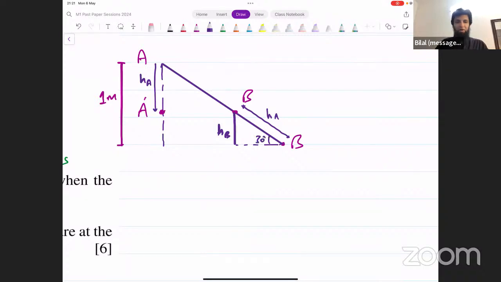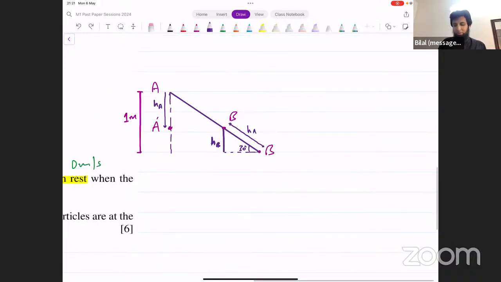So we have this right angle triangle in which this is HA and this is HB. HB is perpendicular, HA is hypotenuse here. What's the ratio between perpendicular and hypotenuse? It's sine. So we can say HB over HA is supposed to be equal to sine of 30.